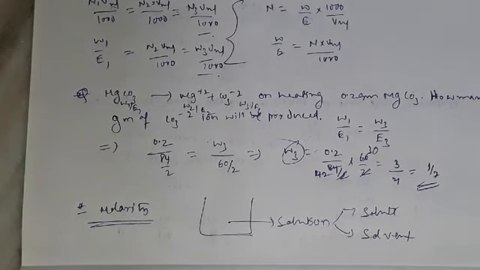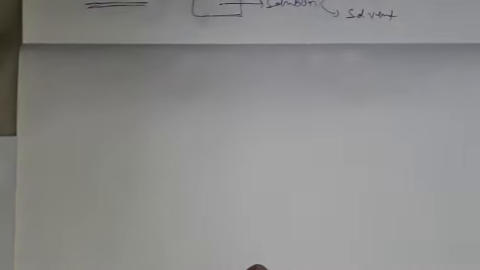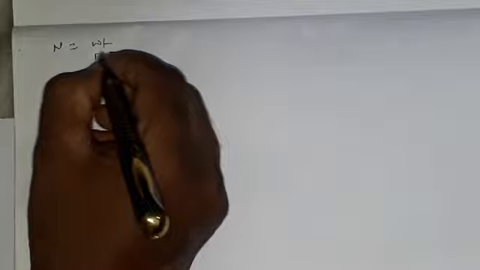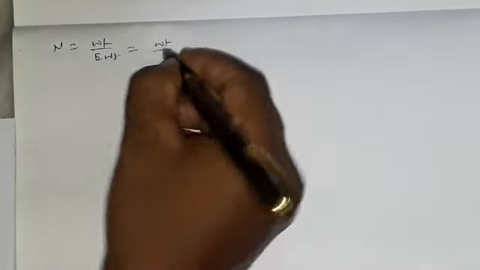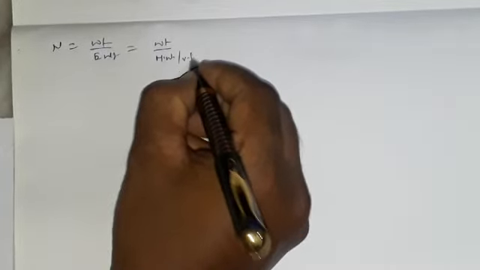You already have the idea of normality. The normality formula I have written already: normality equals weight by equivalent weight, that is equal to weight by molecular weight by valence factor.